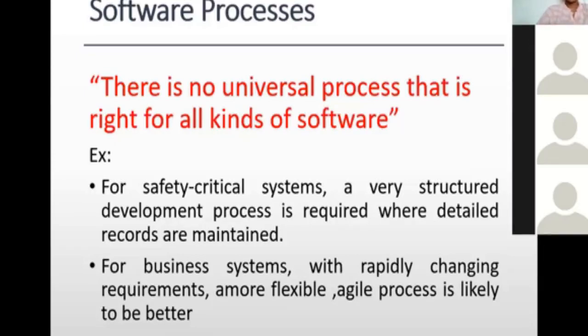So when we take software to software, they are different. So we cannot say that this process is universal. There is no universal process that is right for all kinds of software. So according to the software and the requirements, we have to use an appropriate process. There are some different processes.